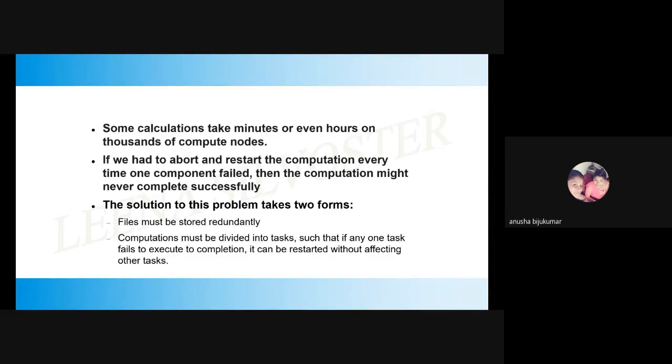The solution to this problem is that files must be stored redundantly, or computation must be divided into tasks and one task is assigned to one component, such that if one of the machines fails, then the other computation will go on. We just need to restart the failed node.